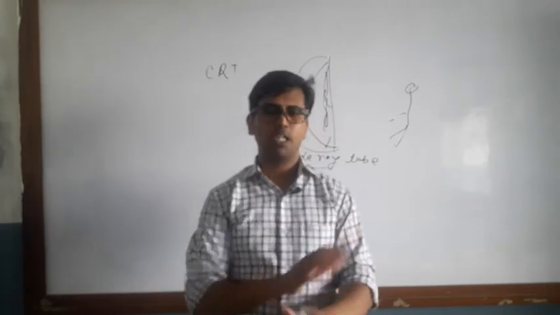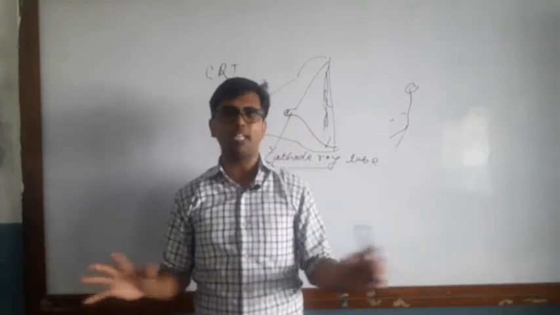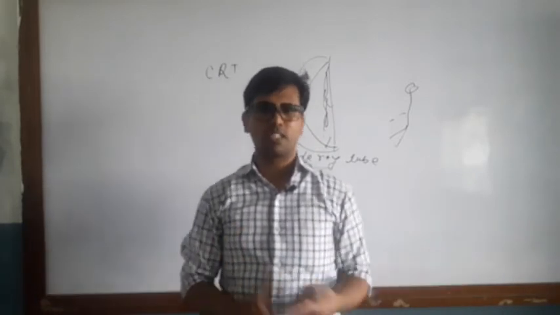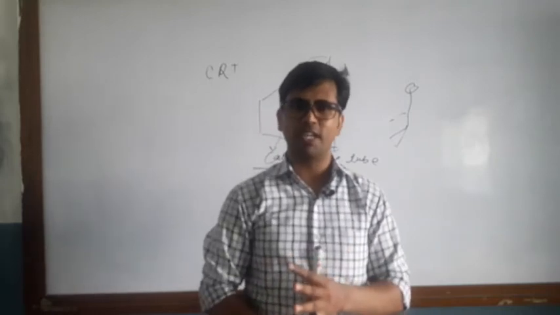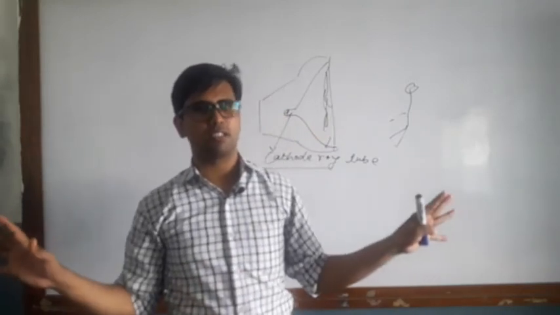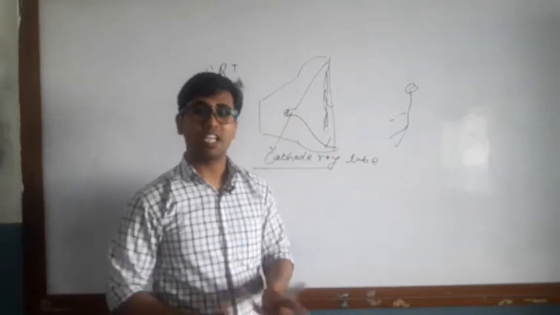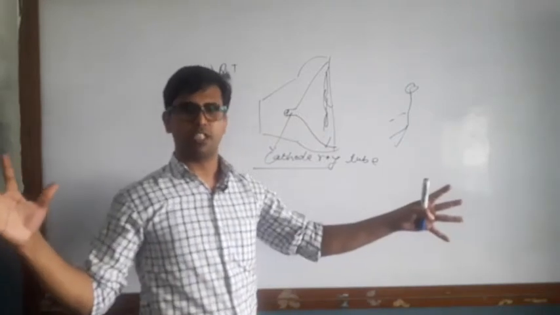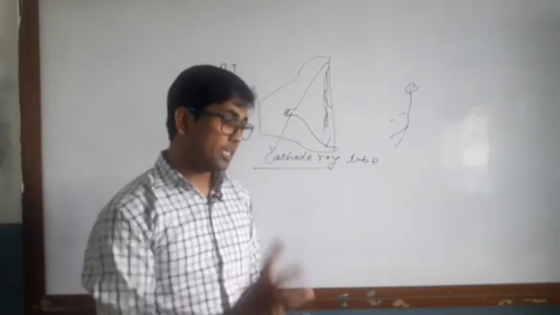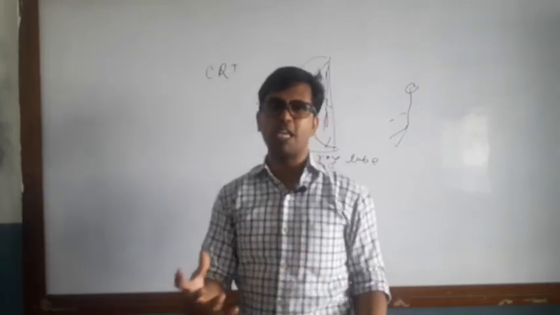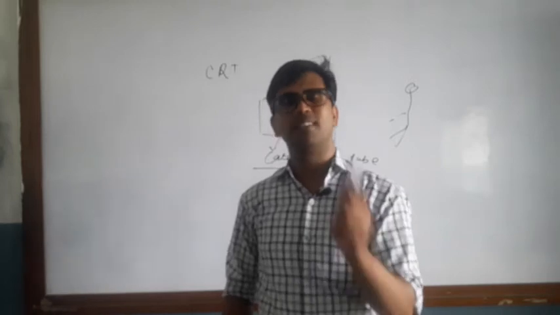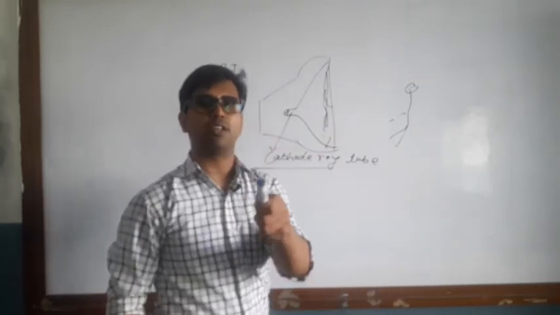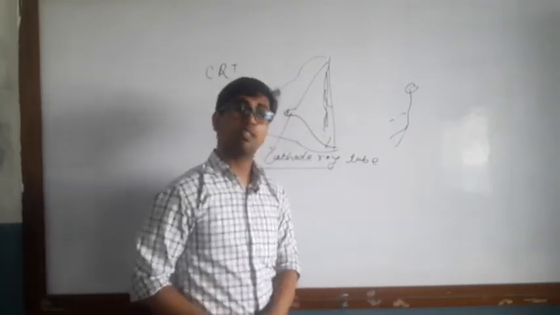Look, there are so many types of waves. There are so many types of light: X-ray, gamma ray, radio waves, infrared. Alpha ray, beta ray, gamma ray, there are varieties there. But the type of ray or beam in which the major constituent particle is electron is called cathode ray.